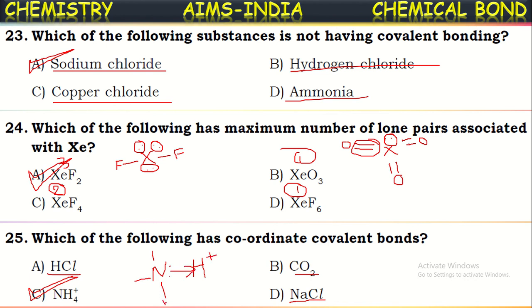So here a dative bond exists in the ammonium ion in this way. Ammonia donates a pair of electrons present on the central atom nitrogen to the H plus ion, which has a vacant orbital. So in this way, between these two, a coordinate covalent bond or dative bond is formed. Thus the ammonium ion, the hydronium ion H3O plus, and some other molecules like sulfur dioxide, sulfur trioxide, the ozone molecule, all have coordinate covalent bonds in them.